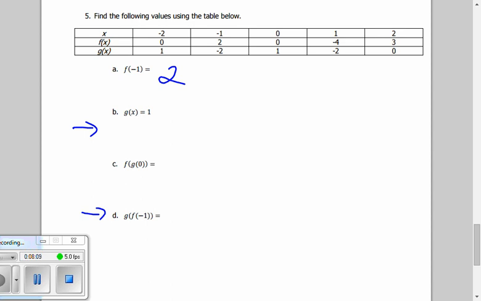They always start on the inside and then work their way out. Okay, anyway. So you start with the f of negative 1, and then we'll finish that, and then we'll go to the outside. What's f of negative 1? Well, I go to the f function and the negative 1, and I see where they overlap. Piece of cake. Now I just do g of that. All right.